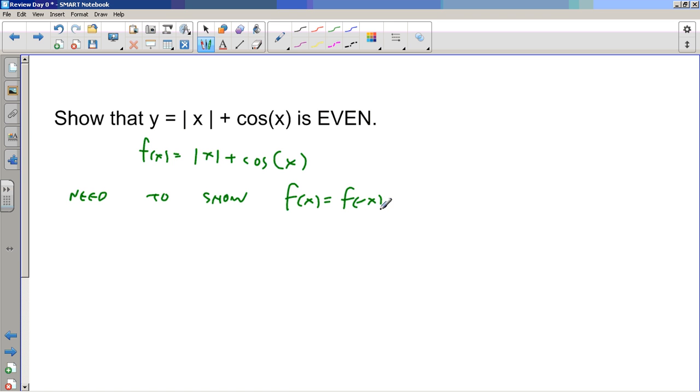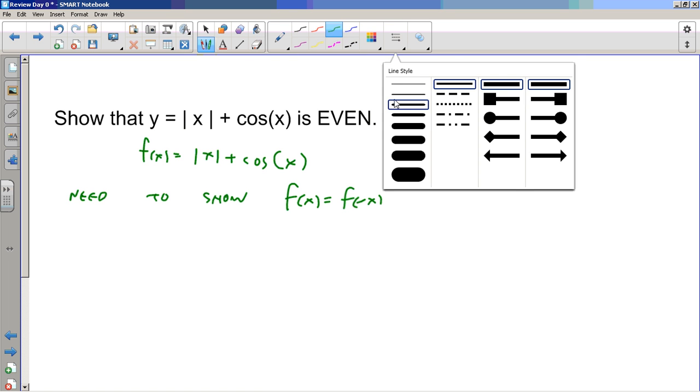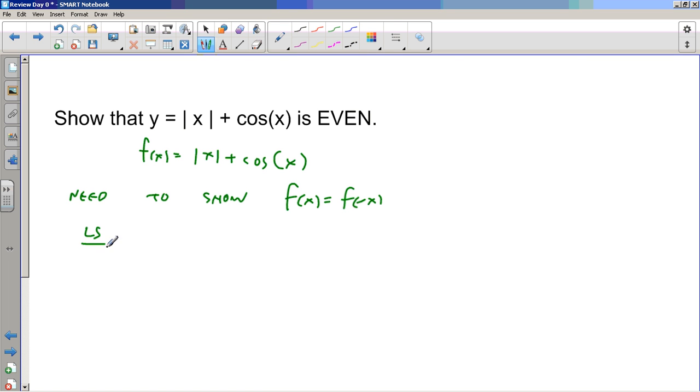That's what I'm required to prove. And so how am I going to do that? Well, if I want to prove something, I'm going to do a left side, right side sort of thing. Left side is f at x. The right side is f at minus x. And I want to show that these two things are equal. Well, this is just this function.